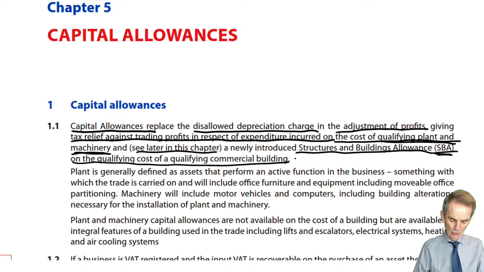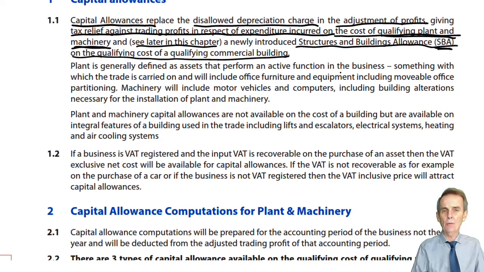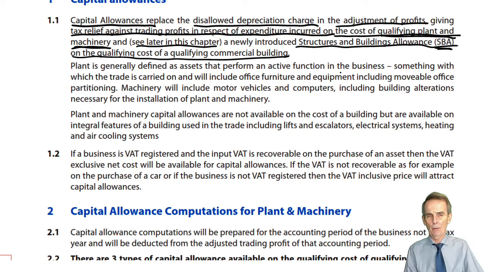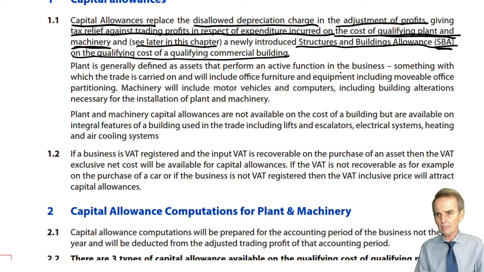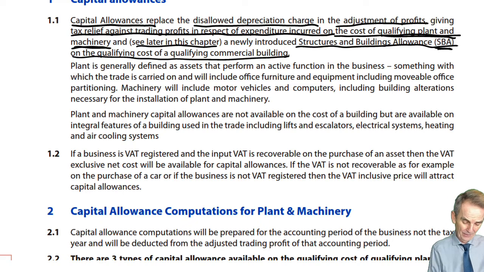Again, I make the point, just because expenditure may be defined as capital for purposes of adjustment of profit does not automatically equate to the availability of capital allowances in place of that disallowed depreciation charge. We must have qualifying costs of qualifying plant and machinery, and then in turn commercial buildings.